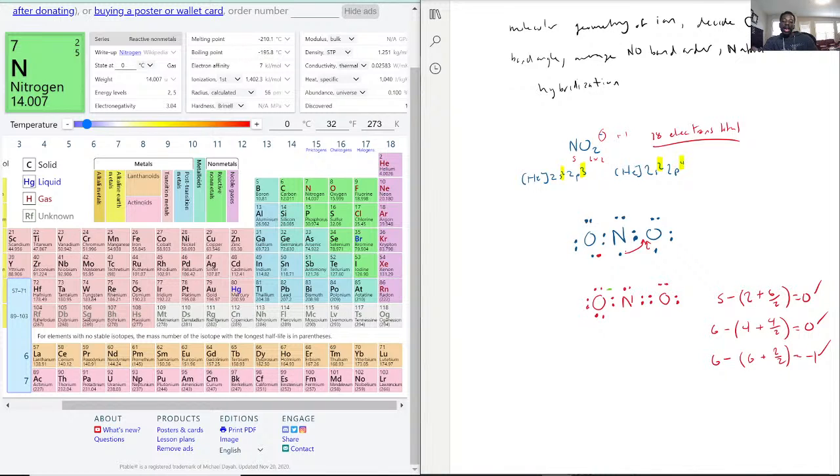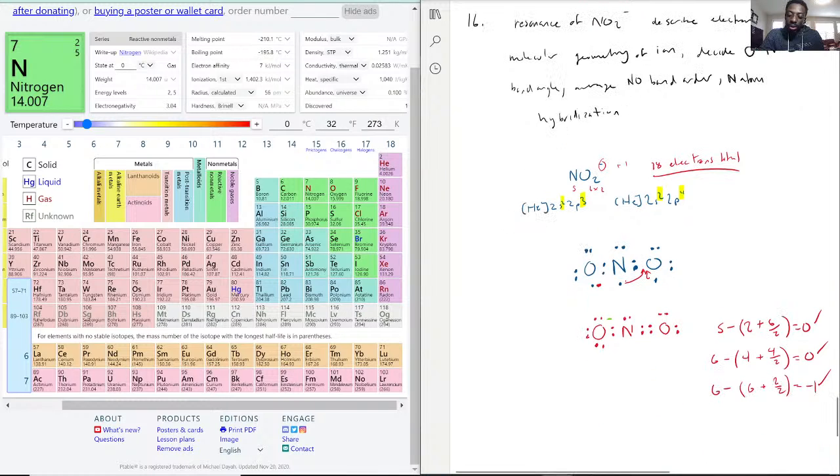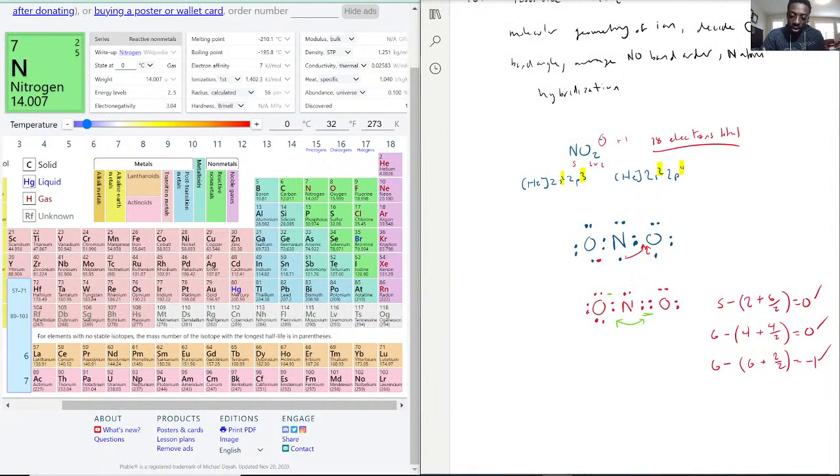And now, the first thing they're asking for, though, is the resonance of NO2. This double bond right here could have been applied to either side, okay? So if I was to actually draw it, it would look like this.